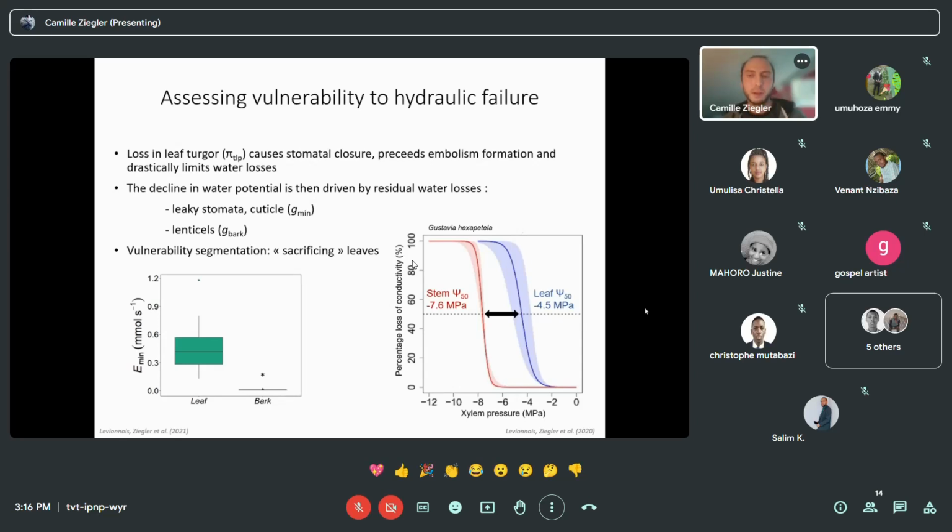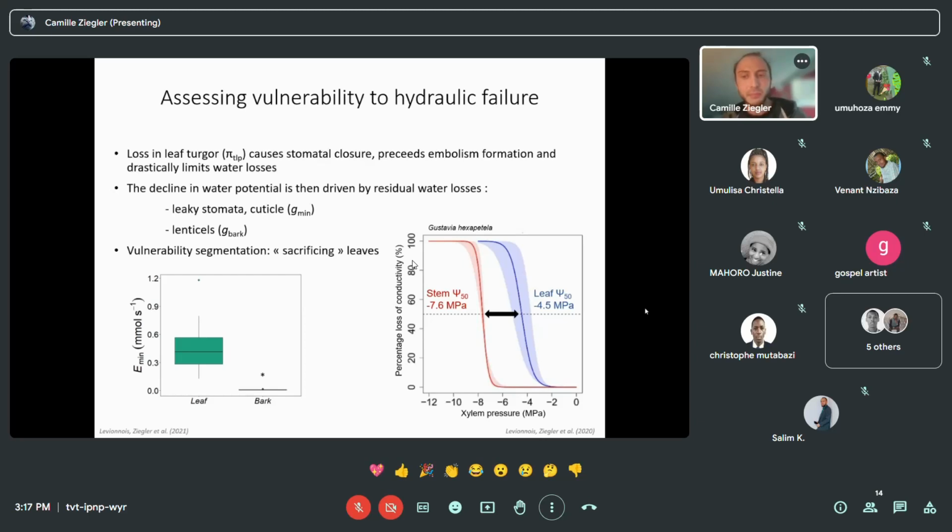And here we have a very strong difference between leaf and stem vulnerability. If you look at the x-axis, around -6 megapascals, the leaf will have lost almost 100% of hydraulic conductivity and will be shed, it will fall.